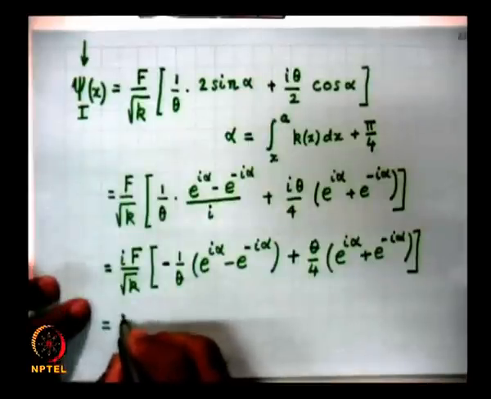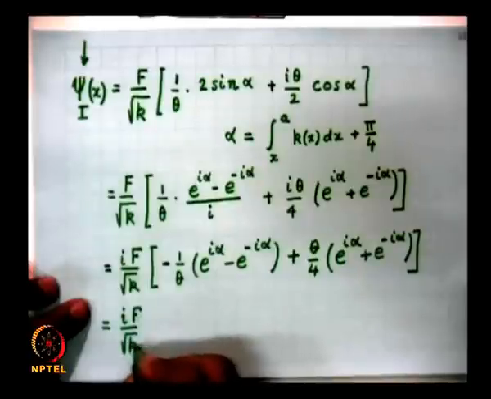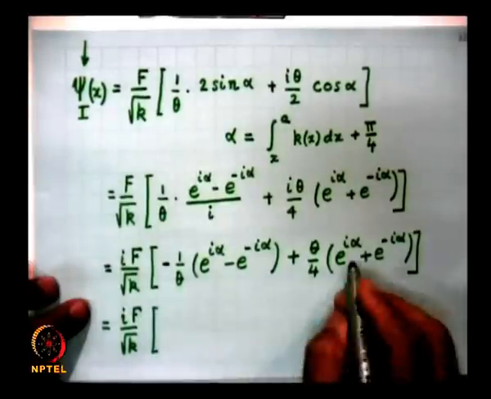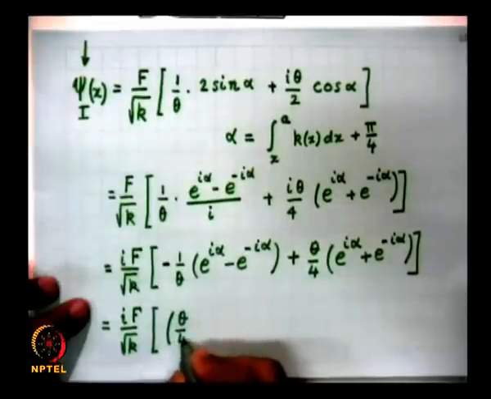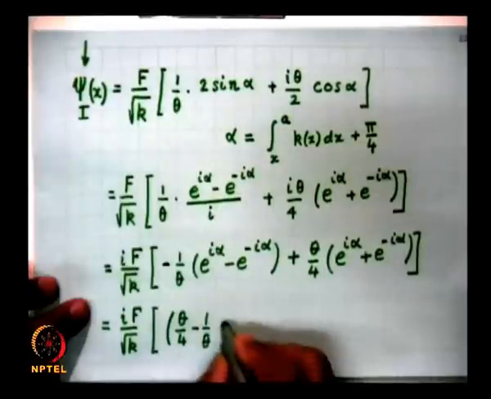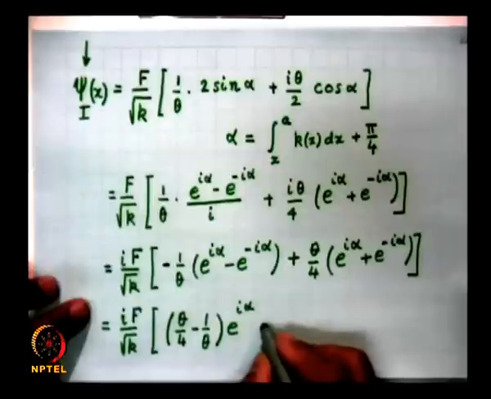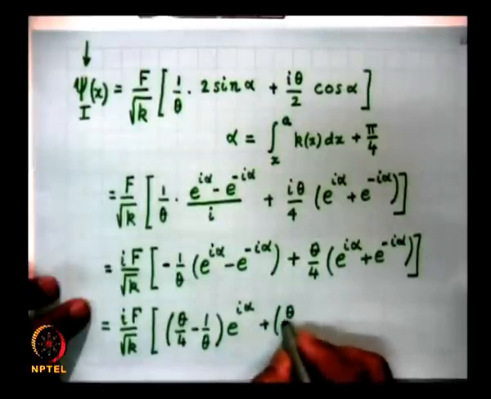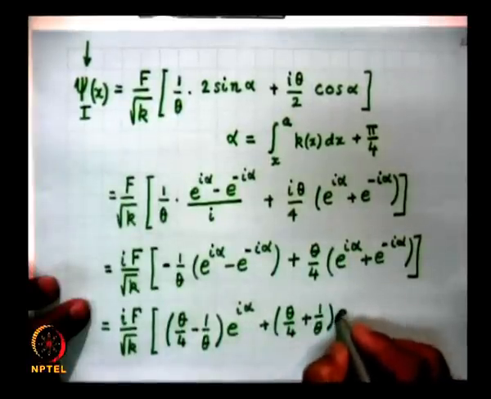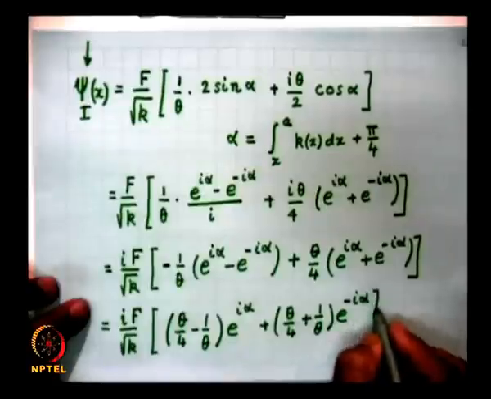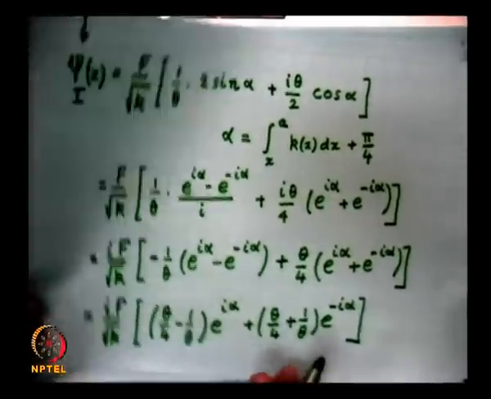So, this becomes I f by root k times: theta by 4 minus 1 over theta, into e to the power of I alpha, and then theta by 4 plus 1 over theta, that is e to the power of minus I alpha. So I hope this is clear.